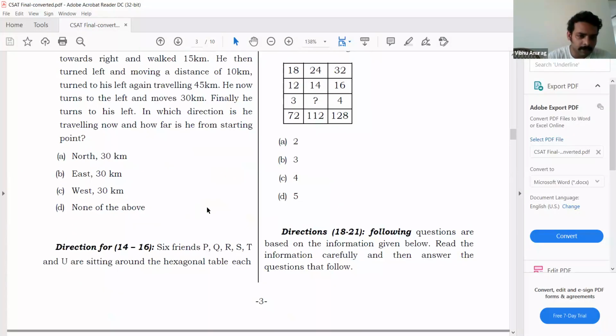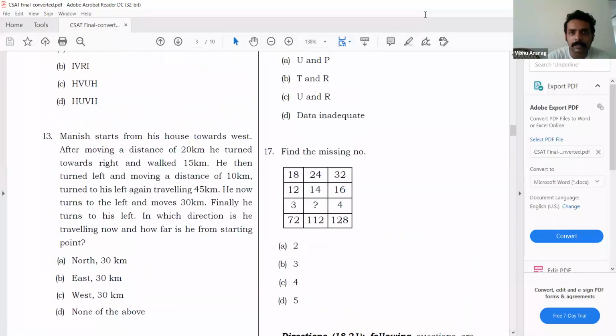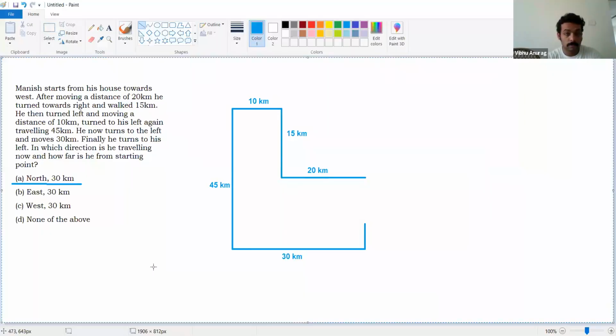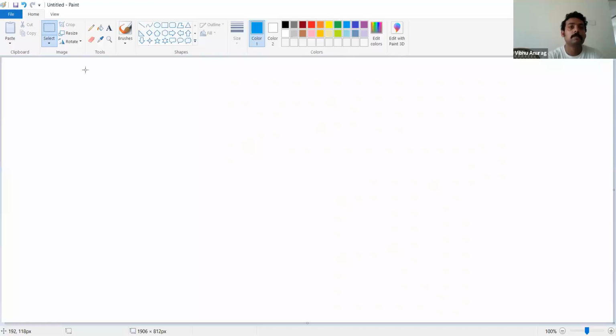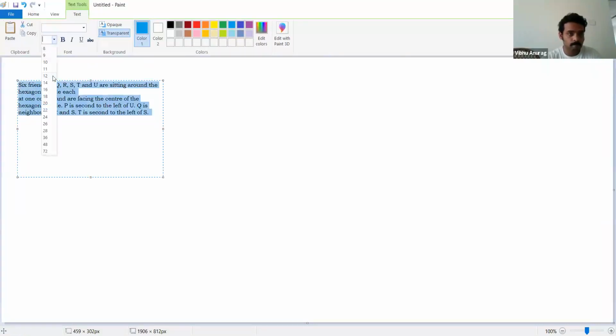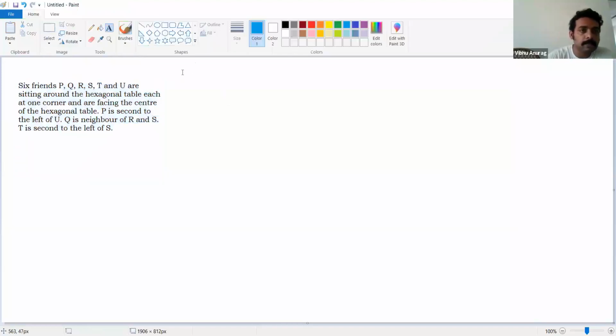So, okay, questions 14 to 16. Again, we have to draw it. These 6 people are sitting around a hexagon. Let's go to the drawing board. Okay, so these 6 friends are sitting around a hexagon.